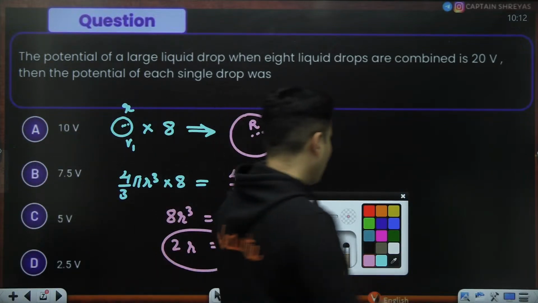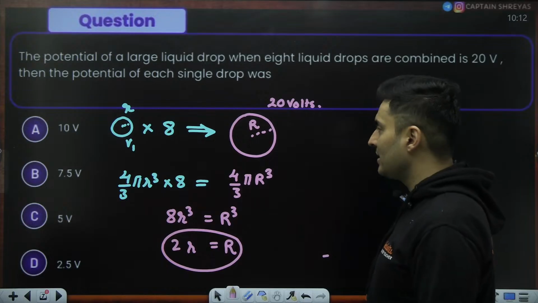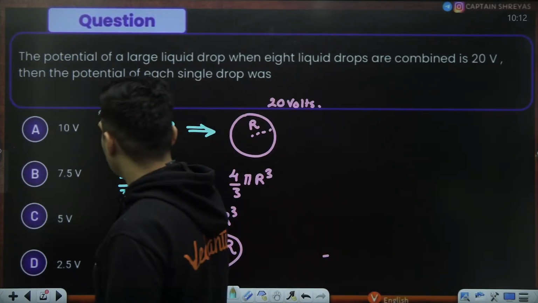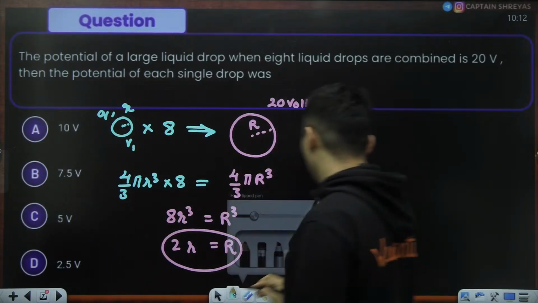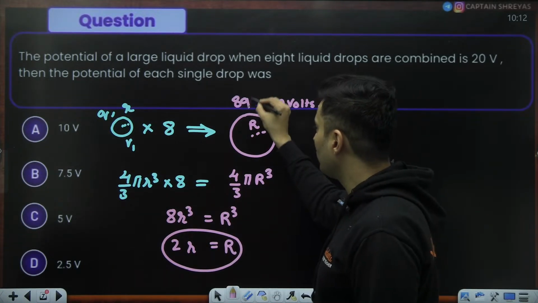That's one thing. Another story over here is that this voltage is related to the radius as well as the charge. And do not forget that if each charge was small q, then the total charge on the big one will be 8 times q.